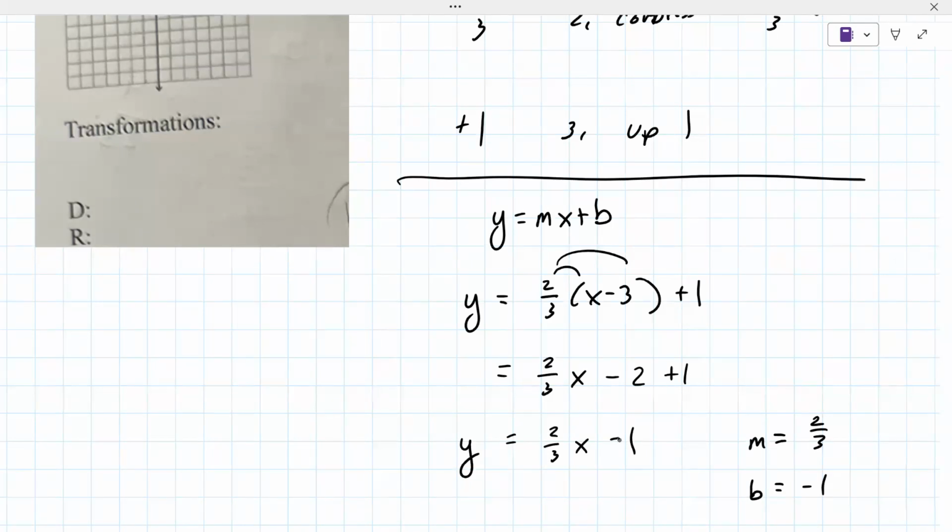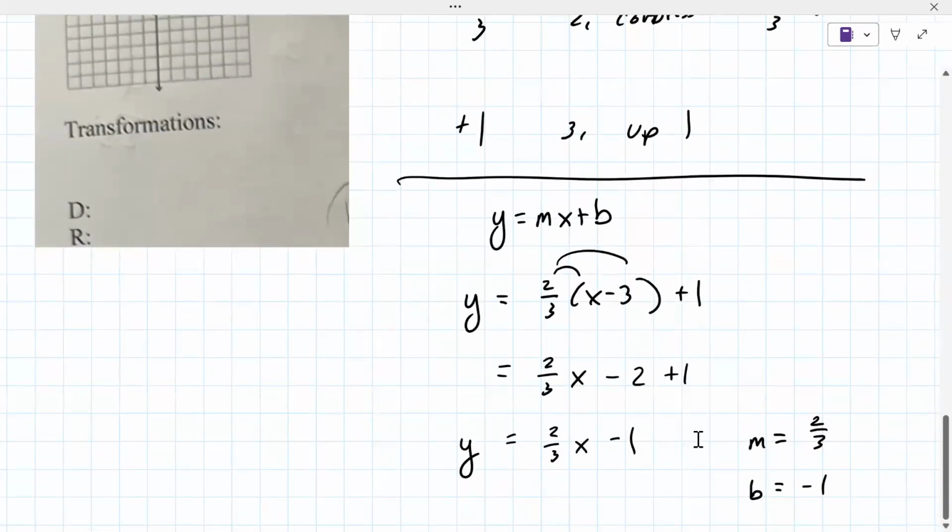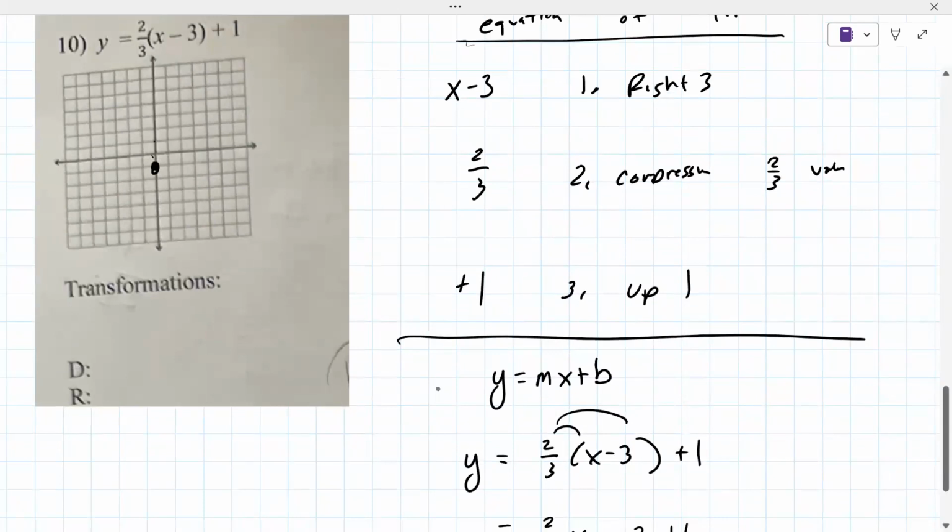All right. Now, you start with the b value. You go to the graph. There's the b value, and then you use the slope as the rise over the run. So this means up 2, right 3. Up 2, right 3, up 2, right 3 like that.